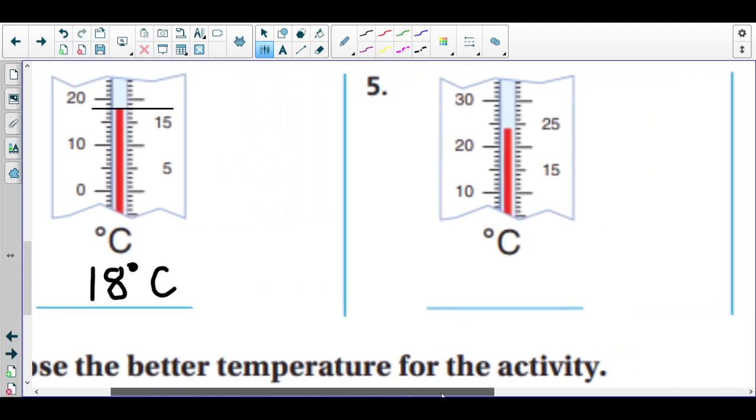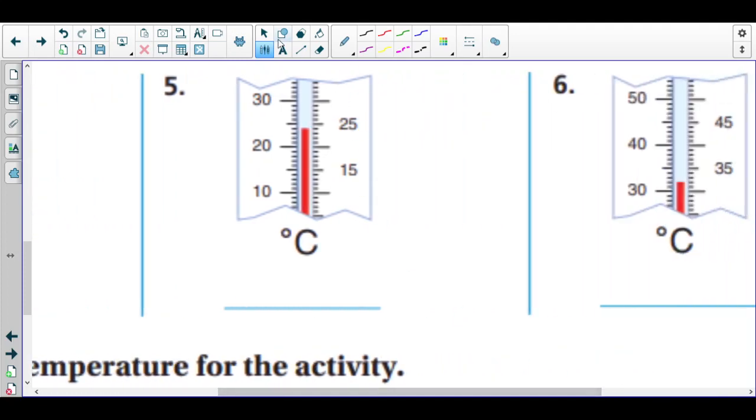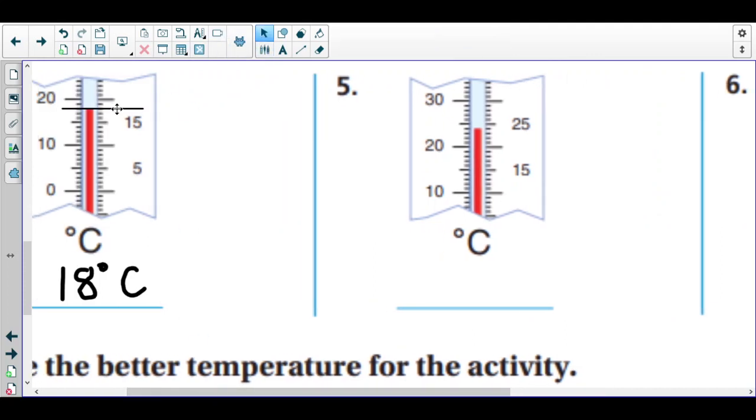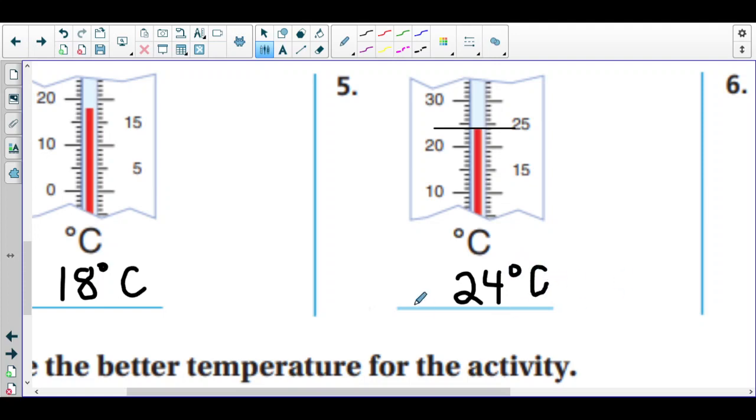And now for number 5. Let's bring over our level right here and put that right about there. And so there's 25, and then one below it is kind of where that marking goes. So we're looking at 24 degrees Celsius.